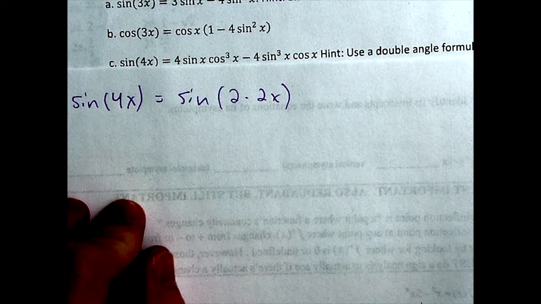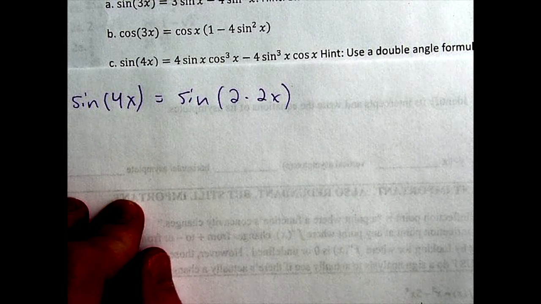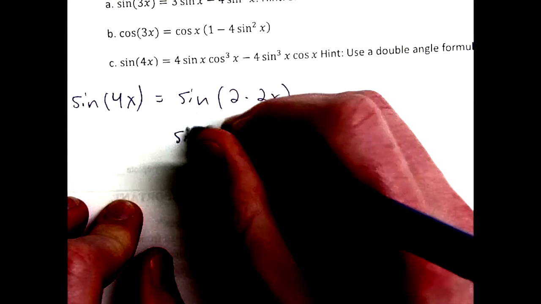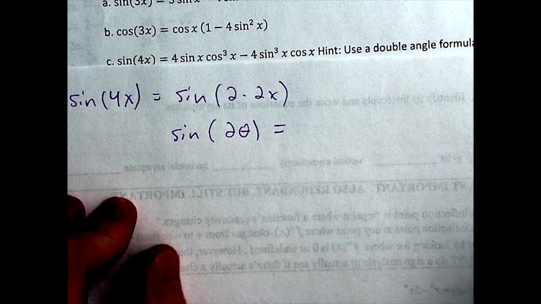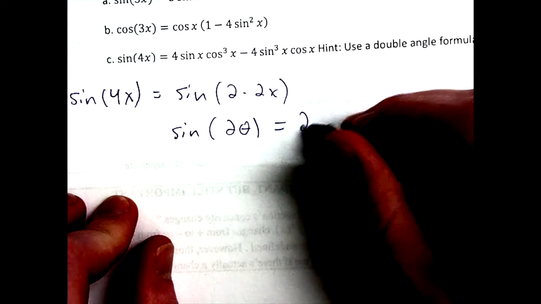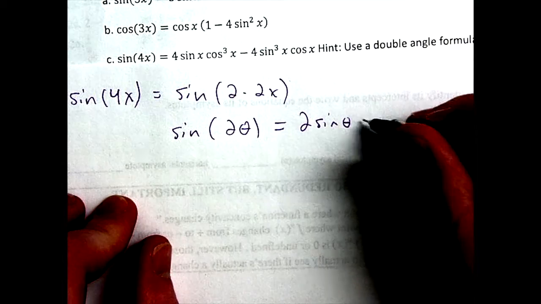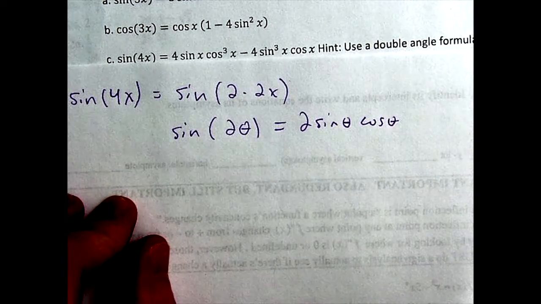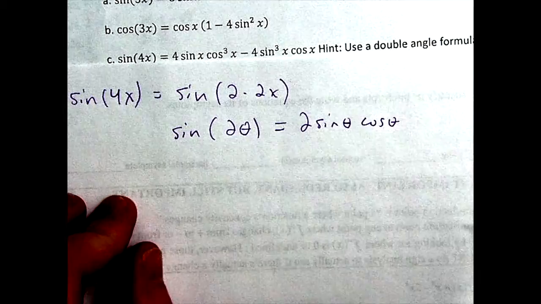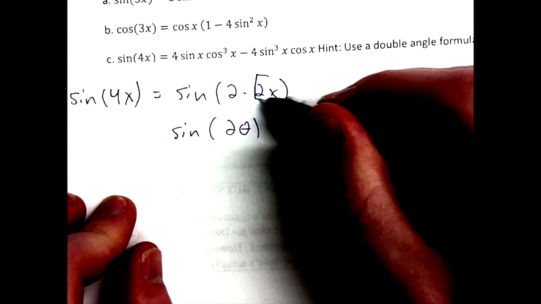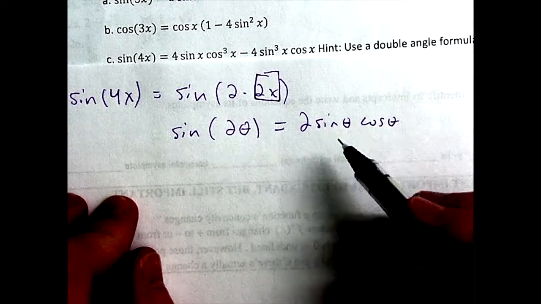Now remember, we've got a formula for sine of 2 times anything, right? In general, we know that sine of 2 theta, this is the double angle formula for sine. Sine of 2 theta is 2 sine theta cosine theta. Well, hopefully you can see that I can apply this formula to this expression here with my theta being equal to 2x.